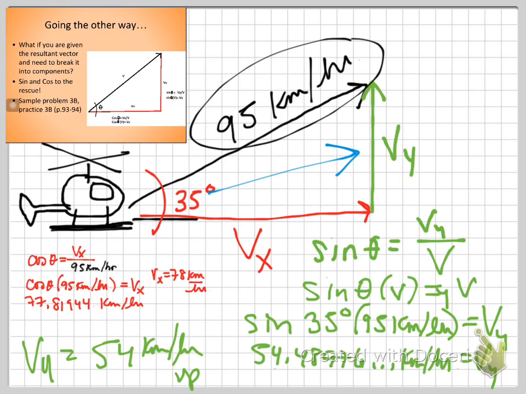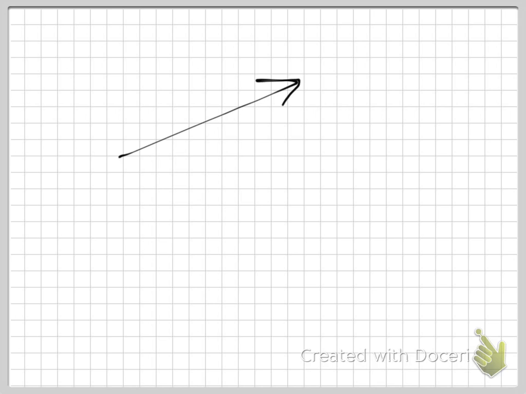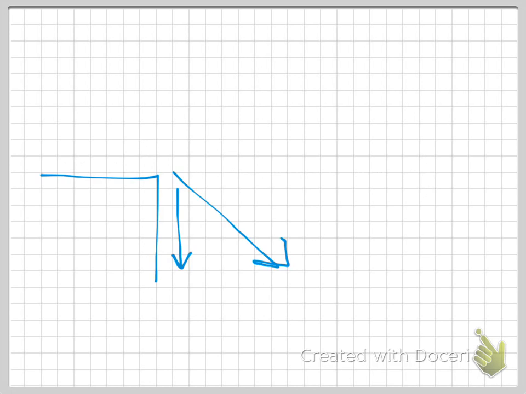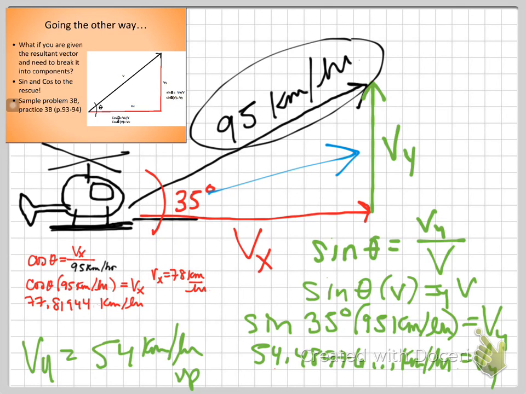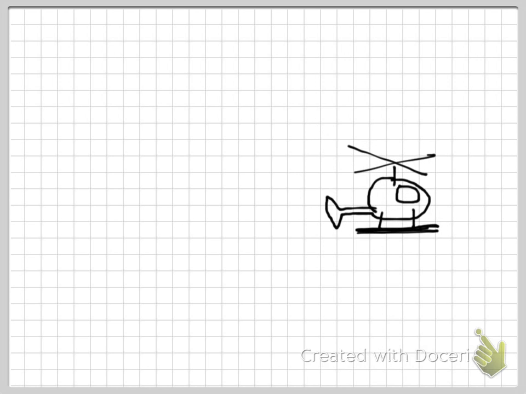What if we were told, and again, remember that the signs are all made up. We just use them to keep track of things. What if we were told that that same helicopter, we'll borrow the helicopter, and we'll just leave it flying, here, we'll make it fly upside down.